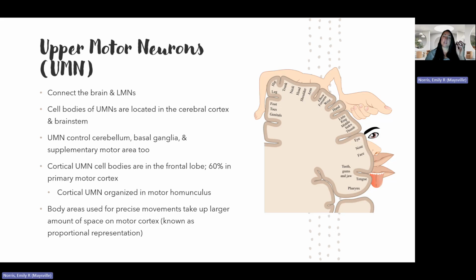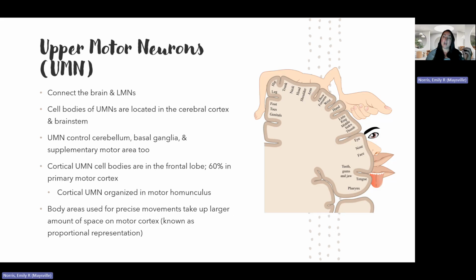They're organized into a motor homunculus, which we've talked about before. Sensory is the same way, where a lot of your sensations from your hand all travel to the same part of your brain. So same thing for motor.